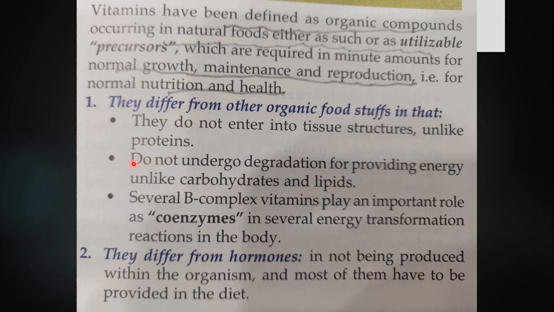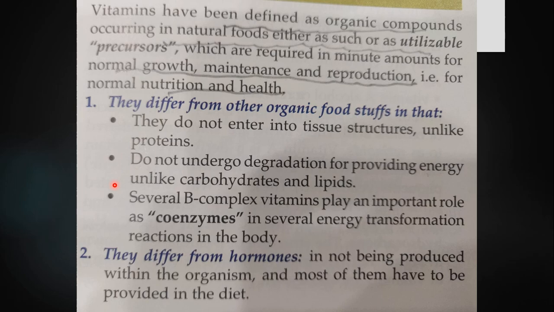When you go to the metabolism of carbohydrate, you will see that it goes for breakdown, and after breakdown it produces energy in the form of ATP. But these vitamins do not undergo degradation for providing energy.